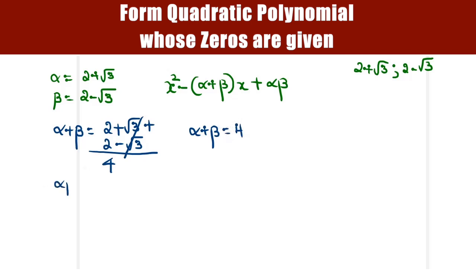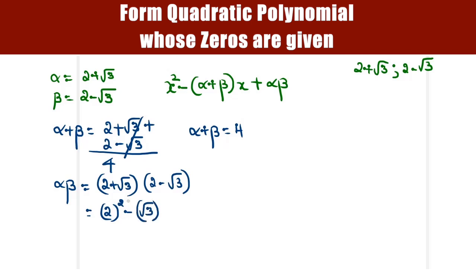Now let's calculate the alpha beta value, which is (2 plus root 3) into (2 minus root 3). Now look at this form. This is of the form (a plus b) into (a minus b), which means the product is a square minus b square. So a is going to be 2. So 2 the whole square minus root 3 the whole square.